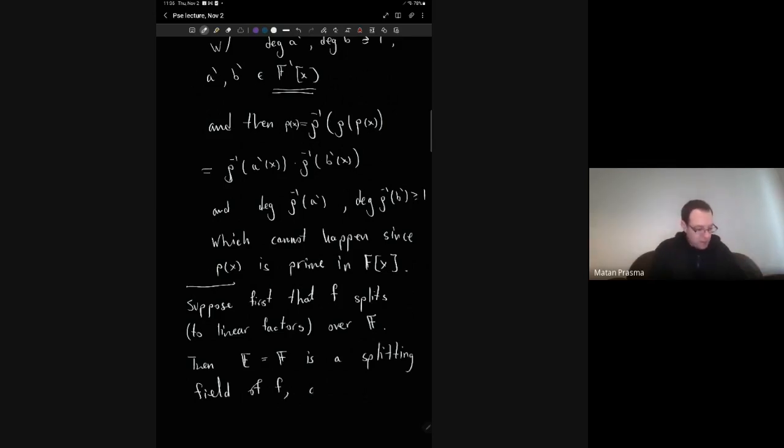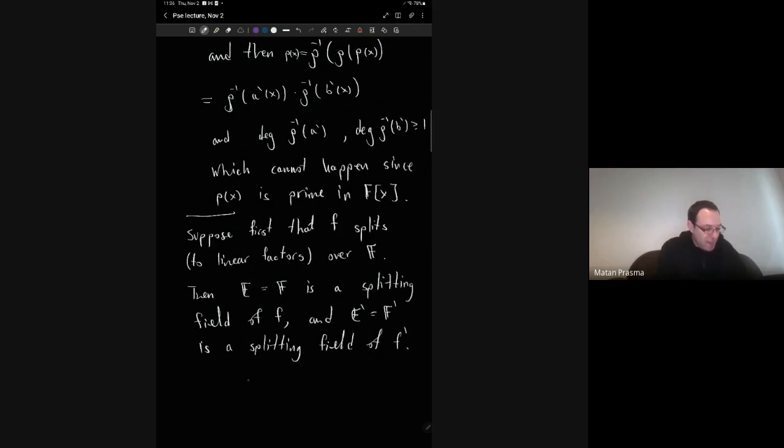And E prime equals F prime is a splitting field of F prime.